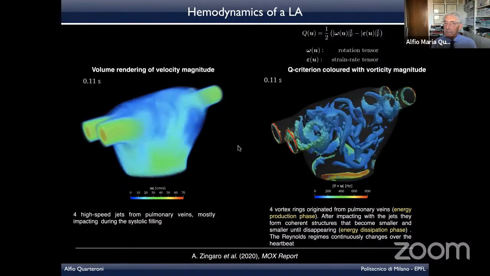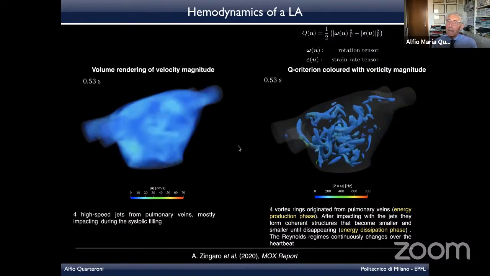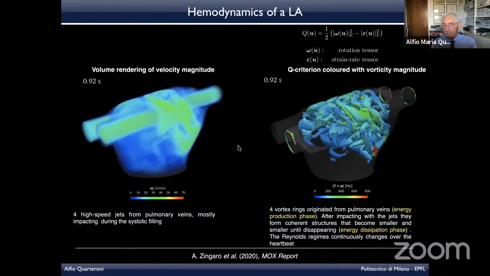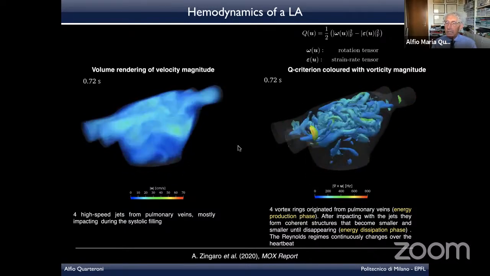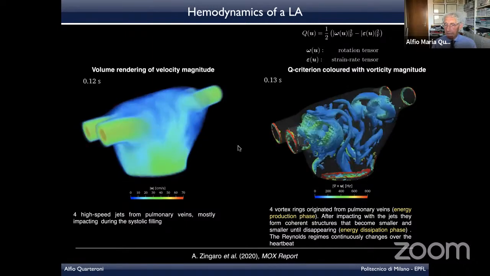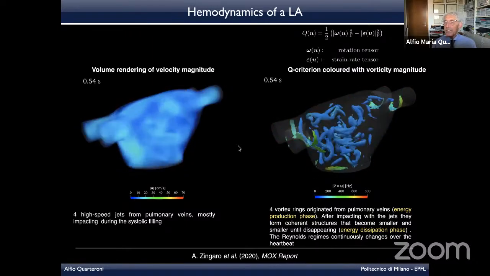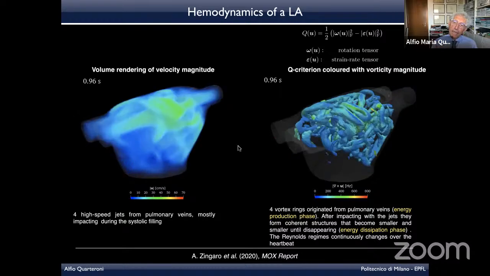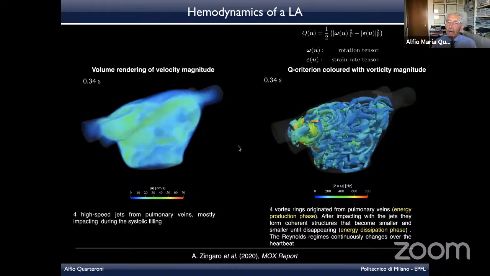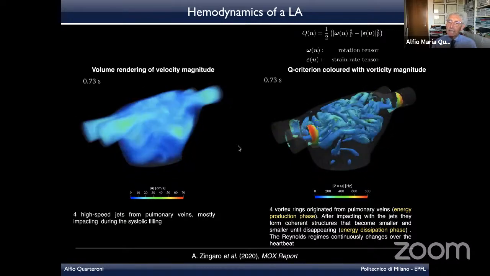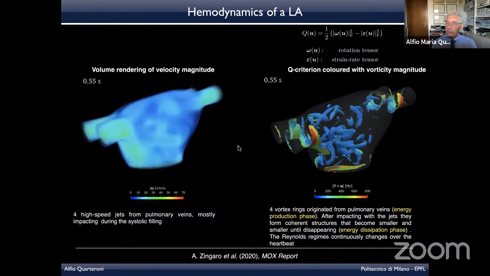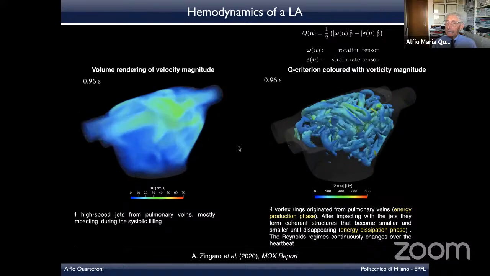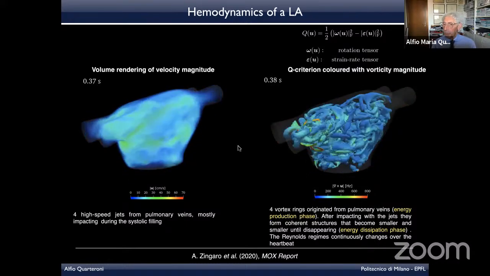Now, the Reynolds regime that characterizes the stability or instability behavior of blood flow is changing continuously over the heartbeat. Roughly speaking, we can say that in a physiological heartbeat, in a sinus rhythm profile, the flow does not become turbulent.